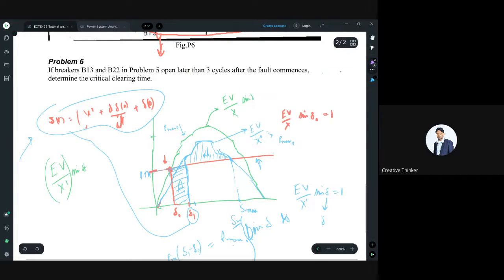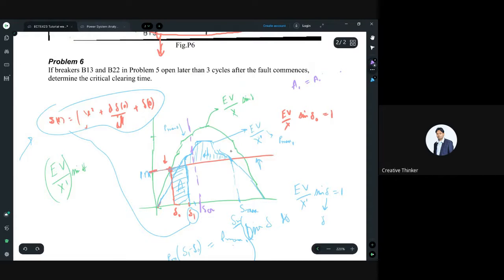Suppose this be the critical clearing angle, delta cr. At this critical clearing time, your A1 area and A2 area become equal.